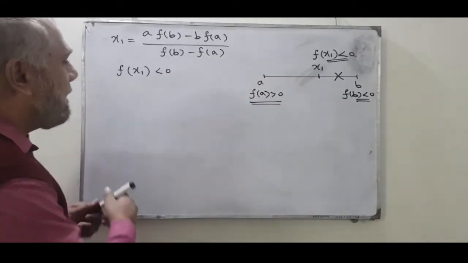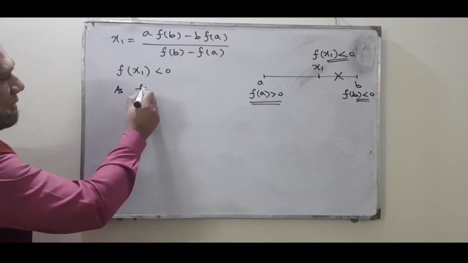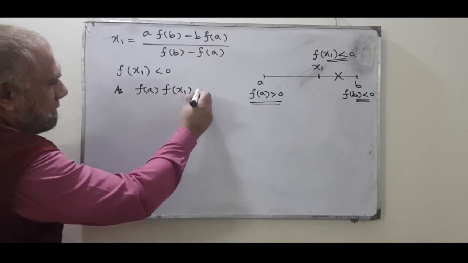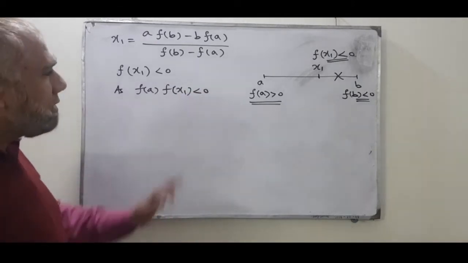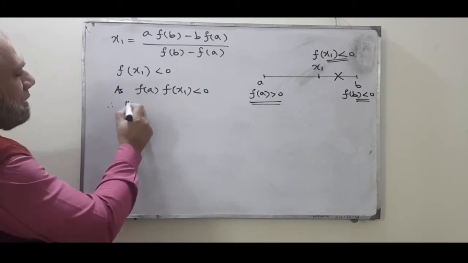And how do we actually write it? Here we write it as the product of the function at a and the function's value at x1 is negative. This holds the condition.